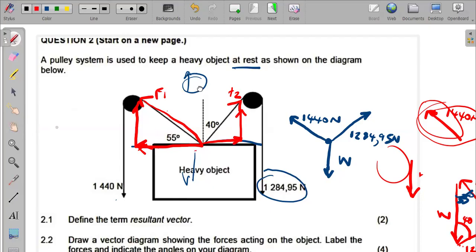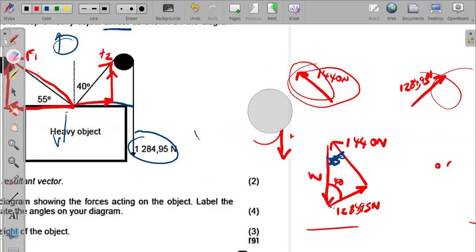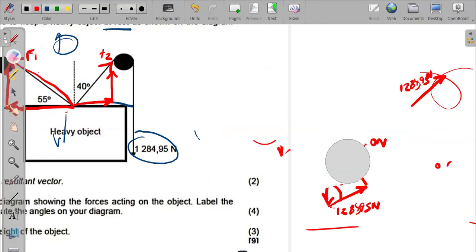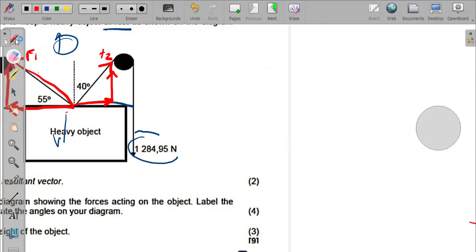So for my F1, it's just a way of wanting us to understand what I'm going to do. So F1 vertical, which we are calling F1Y. Remember we called the 1,440 Newton force F1, right? So F1Y plus F2Y should be equal to the gravitational force, the weight.